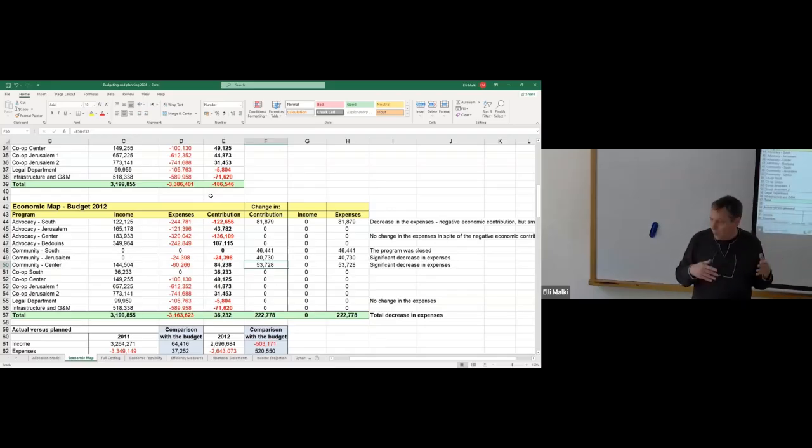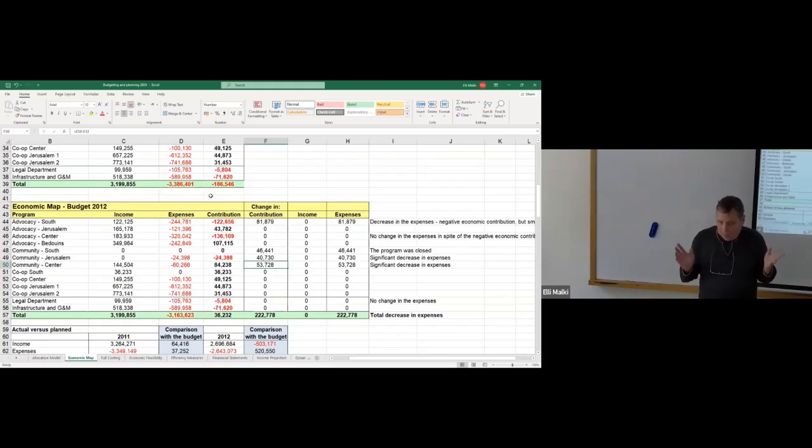In the next example, we will release this assumption. We will look at a more complicated situation. So the only source of change was in expenses, and therefore you can see that the changes due to expenses are exactly equal to the changes in the contribution.